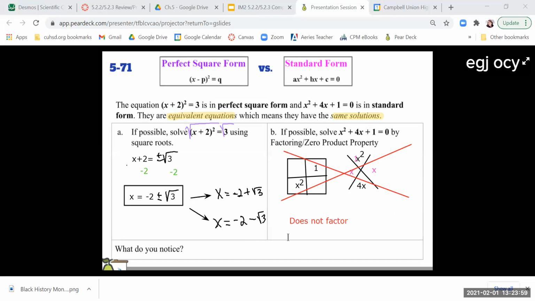And honestly, that makes perfect sense. Look at the answers. Remember, our 2 equations are equivalent, which means they would have the same answers. How am I going to factor with some weird numbers like -2 plus √3 as my roots or as my zeros? They're irrational numbers. So what I notice is when the solutions are irrational, the standard form can't be factored.